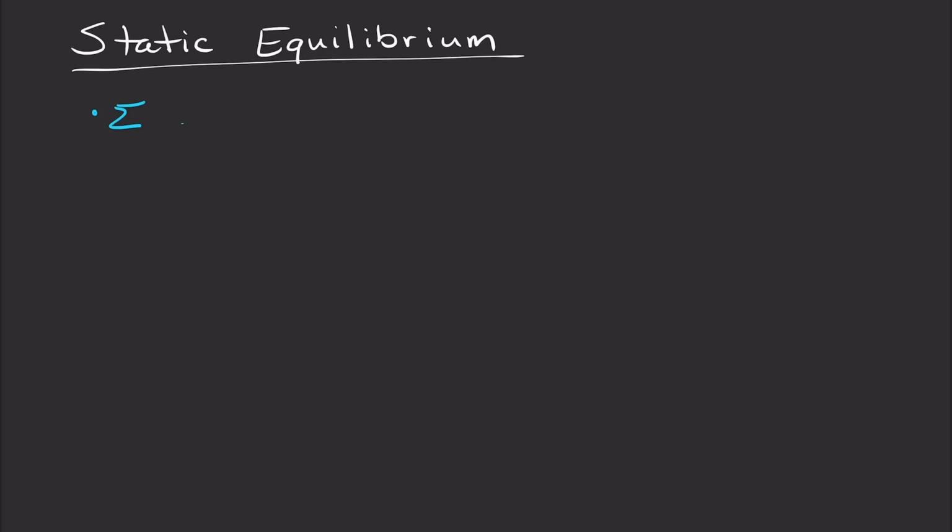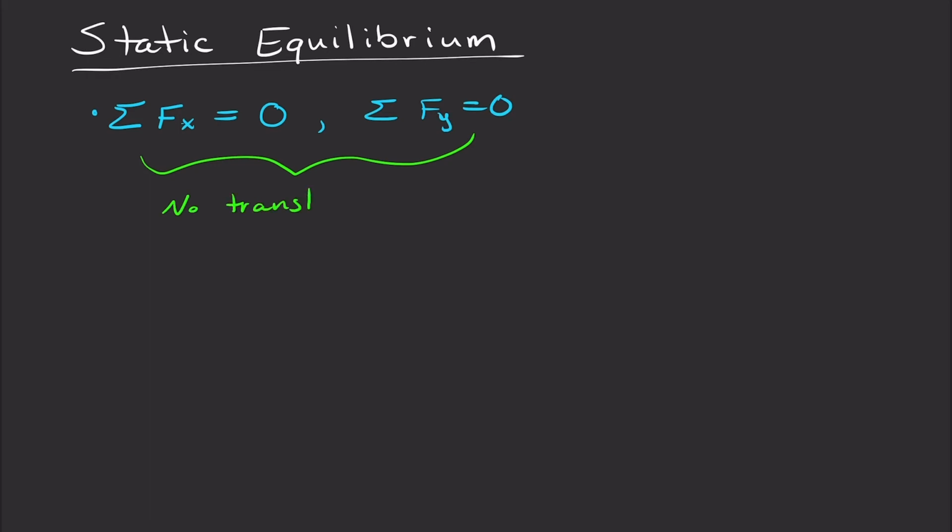So when we had just particle equilibrium, all we needed was the sum of our forces in all directions, in x and y, to equal 0. And this corresponded to no translational acceleration. If the sum of the forces is 0, you're not going to accelerate left or right, up and down, anything like that.